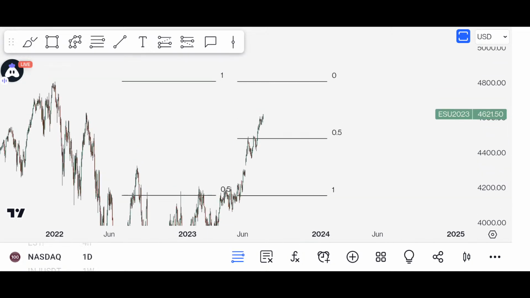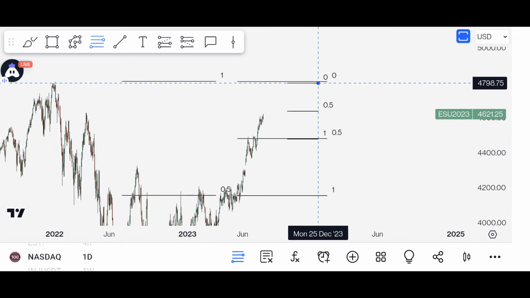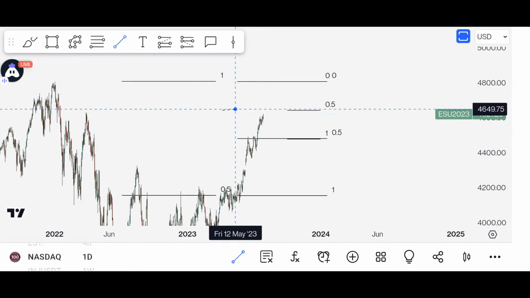Now within the premium you get another fib level. Let me draw it precisely. So this is your level, around here.